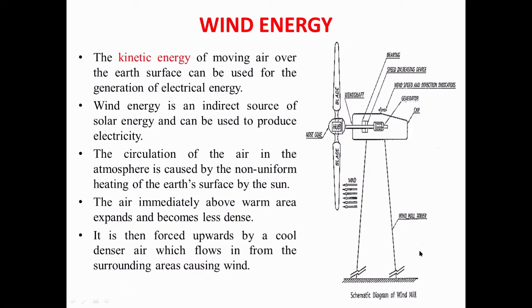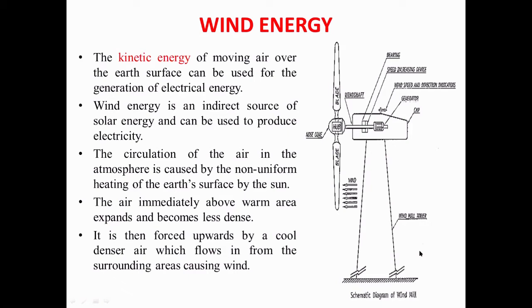Next, the major parts of this wind turbine are a rotor, which is fitted with blades, and then the hub, the bearing, the generator and the transformer connected to it. It is usually placed where there is lots of wind, especially in hilly areas.